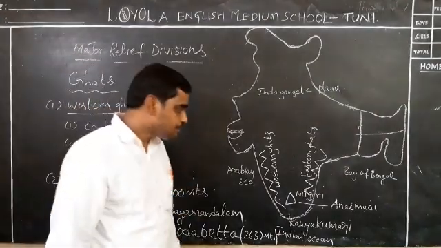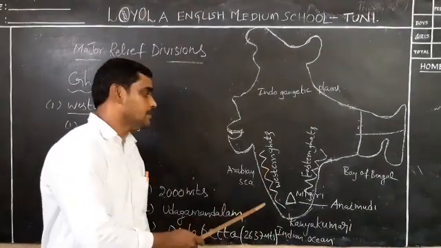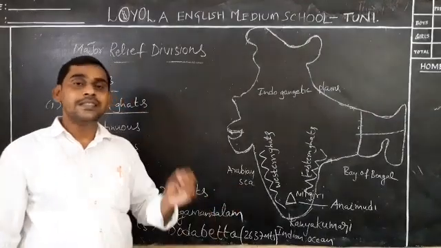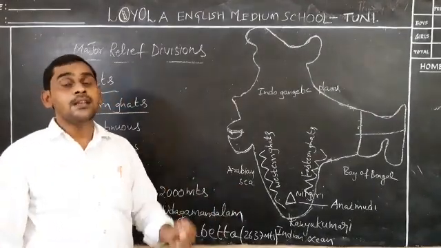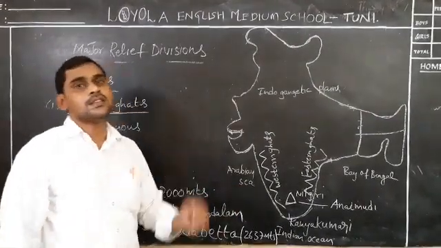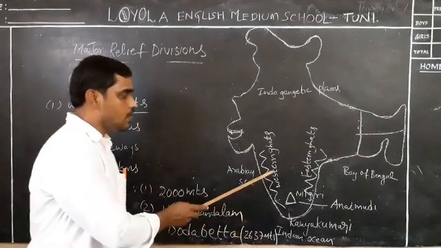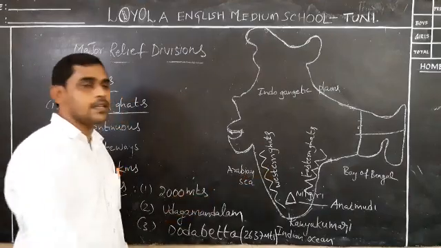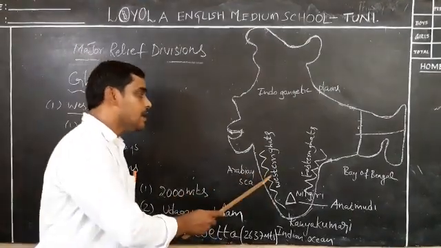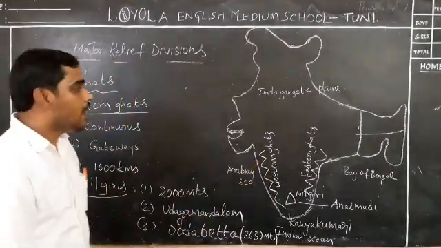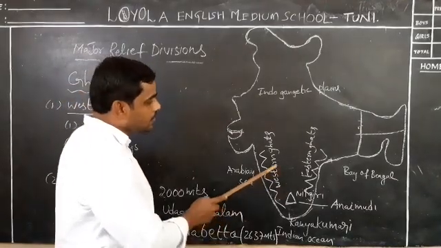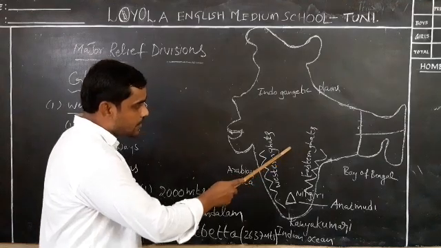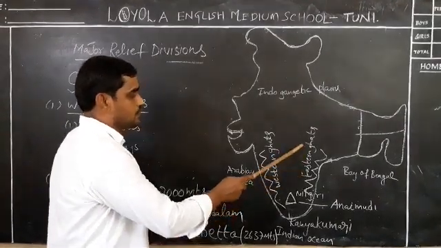One more thing, the Western Ghats. This is the birthplace of some of the peninsular rivers. What are they? For example, Godavari, Krishna, Kaveri, Mahanadi. So these are the peninsular rivers. All these rivers started here. Already I said, here is located the Deccan Plateau.